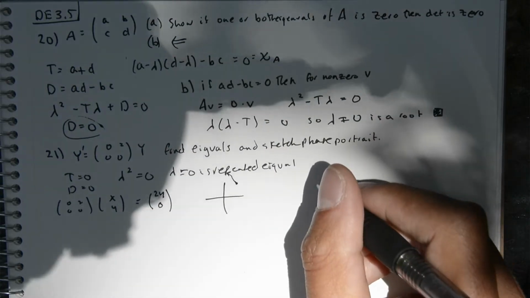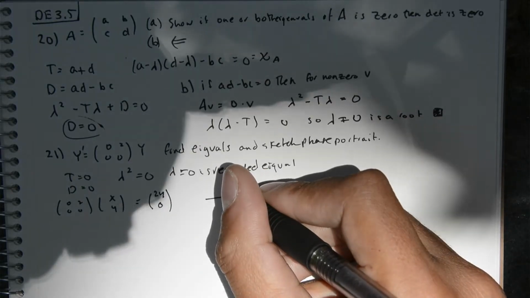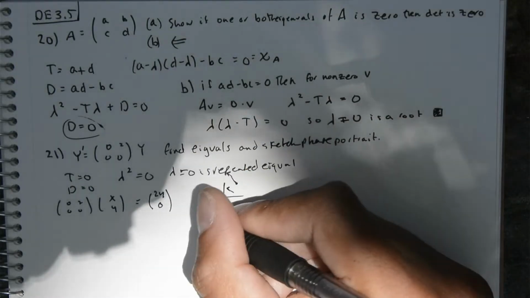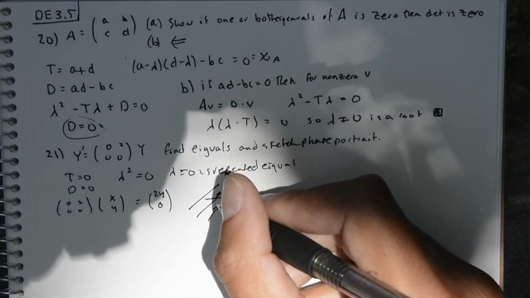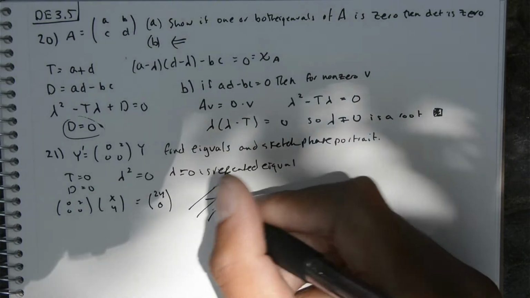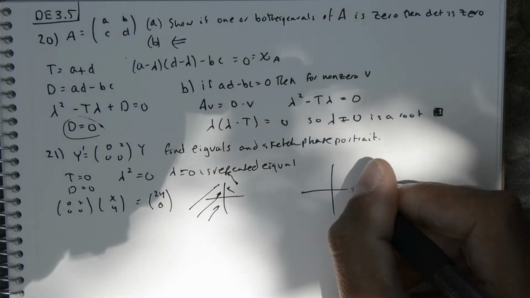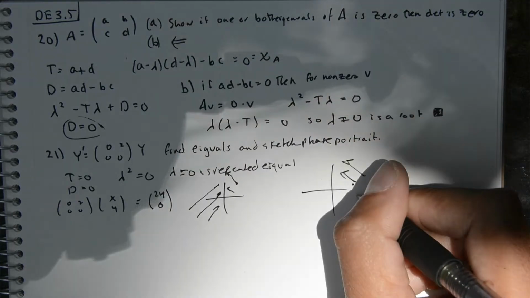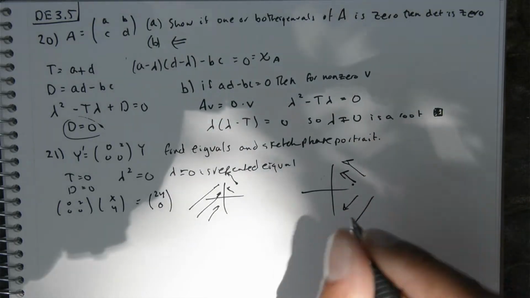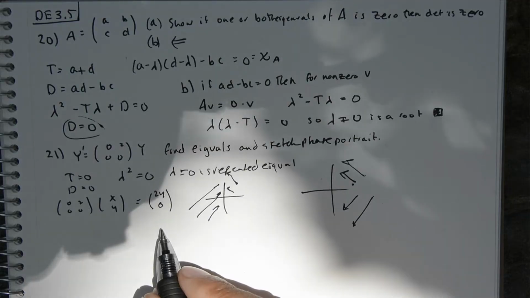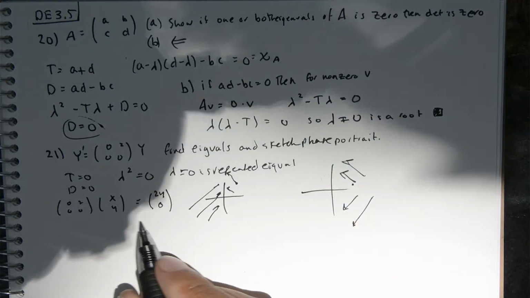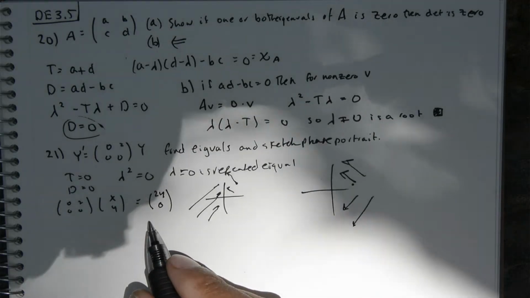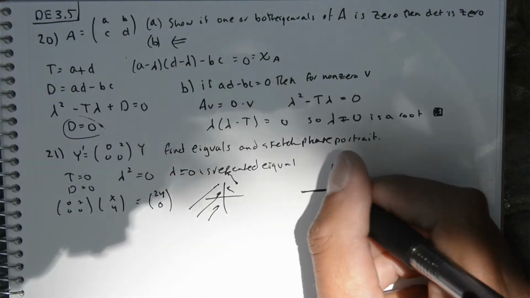So I think the phase portrait is just going to be like, oh wait, actually, hold on. No, I think it's going to be like this then. What if x is 0? If x is 0, or if y is 0, then, so this isn't, right.